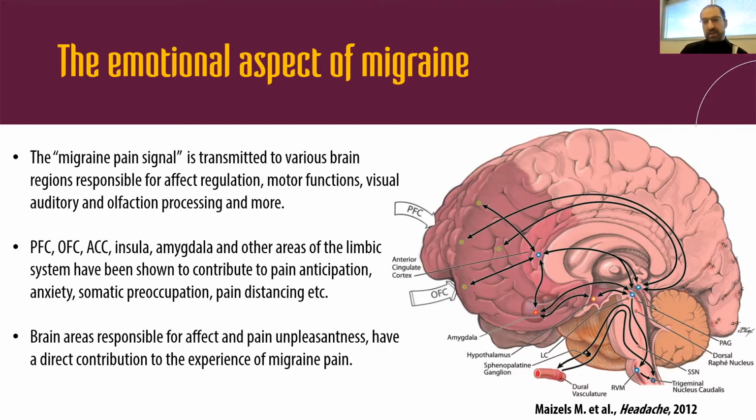So all of these brain areas are not necessarily connected with just the sensation of pain, but are involved in what we call the affect, or the emotional aspects of pain, or the pain unpleasantness, which are actually a physiological component. So addressing the emotional aspect of migraine does have a physiological basis because of all these brain areas.